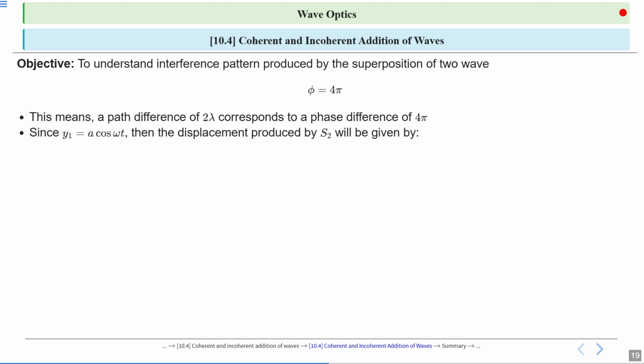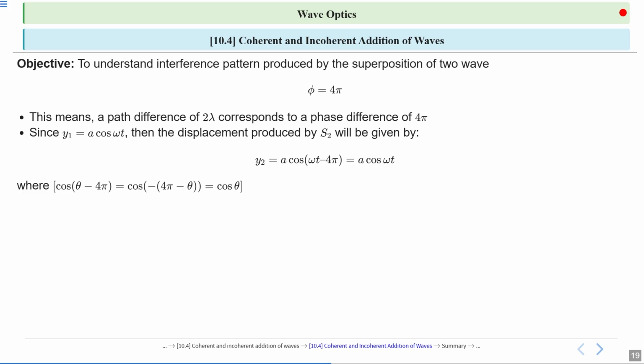Now y1 equals a cos omega t. Then the displacement produced by S2, that is y2, amplitude is the same, so a cos omega t, but now there is a phase difference. So omega t plus 4 pi, or minus 4 pi, we can write.